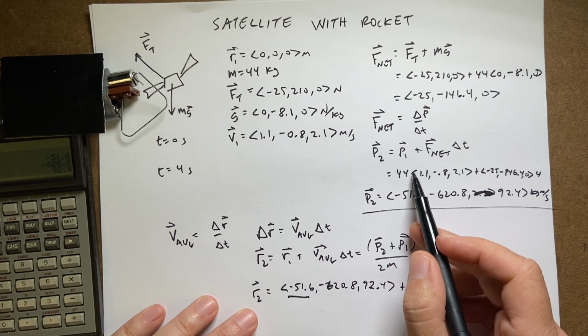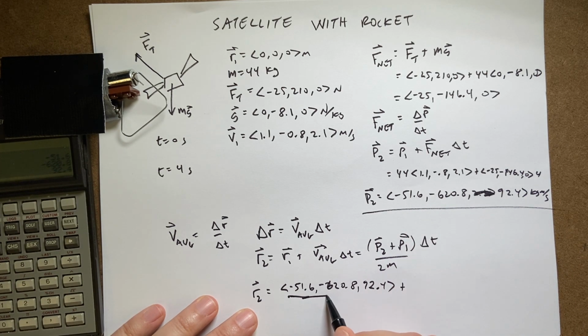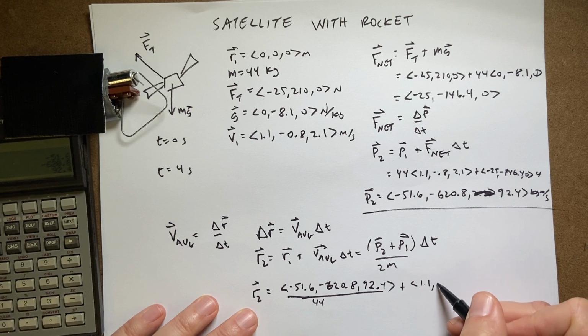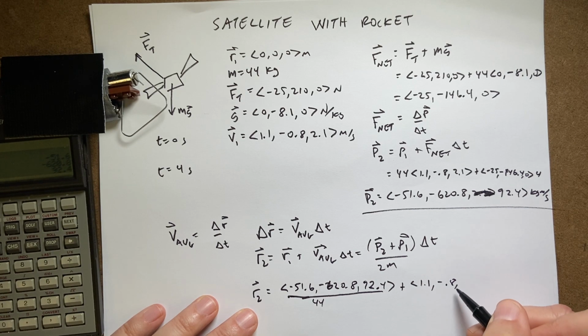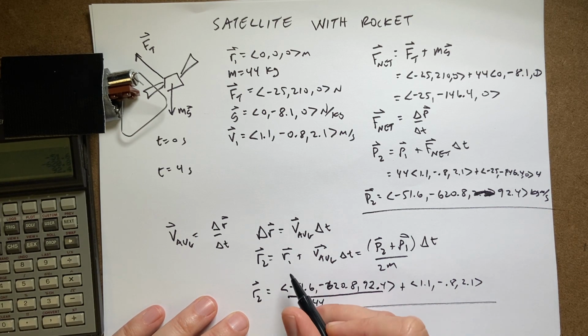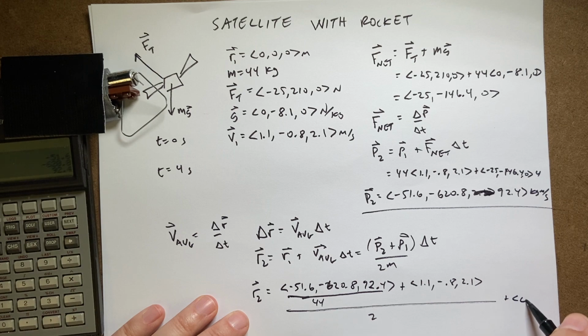Did I calculate that? I didn't. So I just divide all this by 44, and then I'll leave this as the velocity. 1.1, negative 0.8, 2.1, and then divide all of that by 2. And then add that to the vector 0, 0, 0, because that was initial.